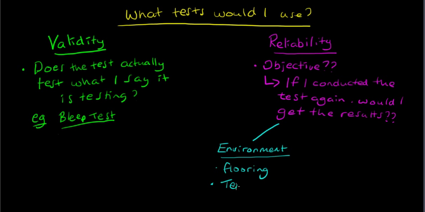What about if when I first did it, the temperature was 25 degrees and the humidity, so the amount of moisture in the air, was very high, yet the second time I did this, the temperature was only 5 degrees and the humidity was very low? Would that same bleep test results be reliable results?